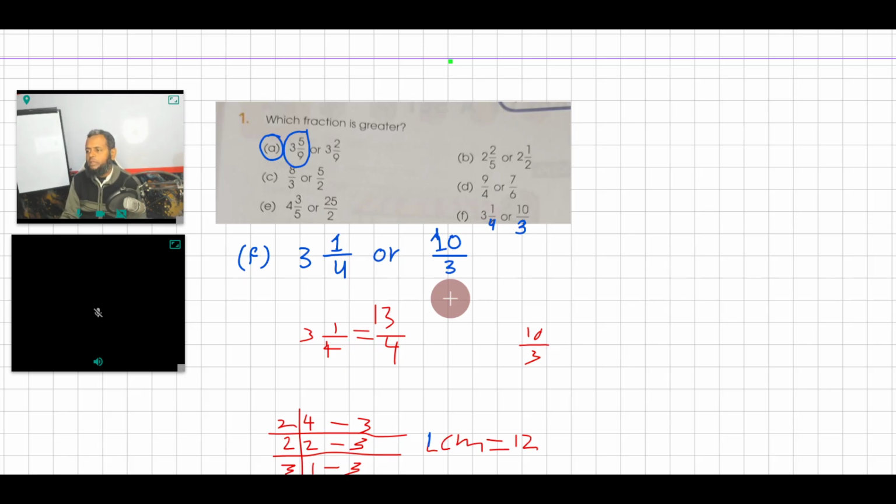It is very easy. 12 is the LCM, so you should convert 13 over 4 and 10 over 3. They are unlike fractions, okay? Can you change unlike fractions into like fractions?